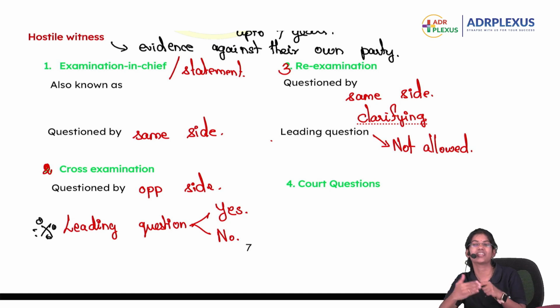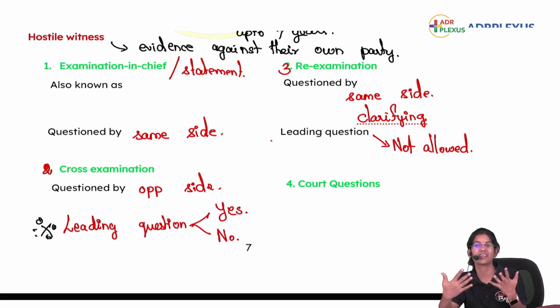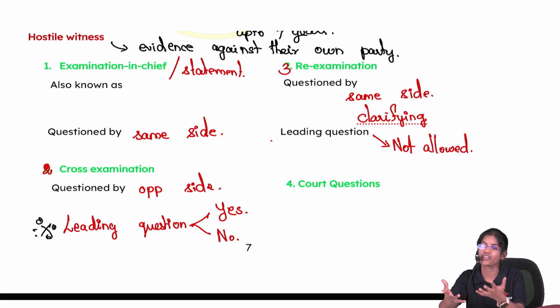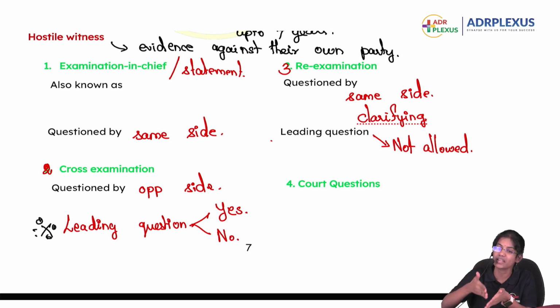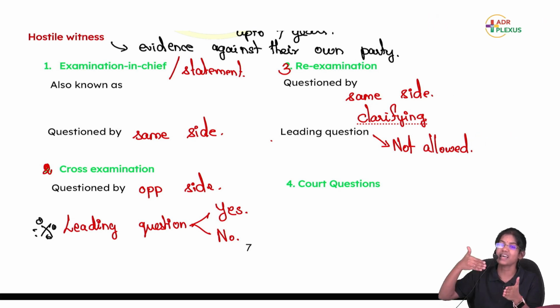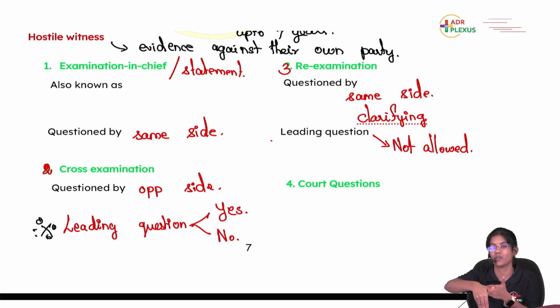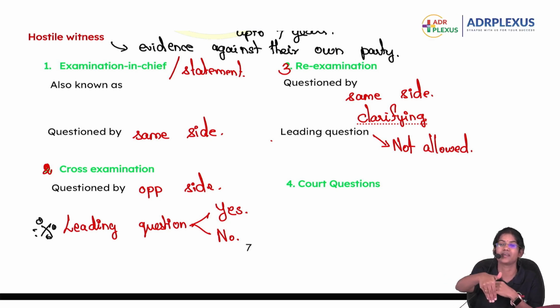Now in re-examination, they will clarify it. They will ask, can you tell us about this infection? Then you say that the infection would never have happened had he been at his home. This happened because he met with an accident, and this accident led him to the hospital, and in the hospital he became prone to infection. That's all.